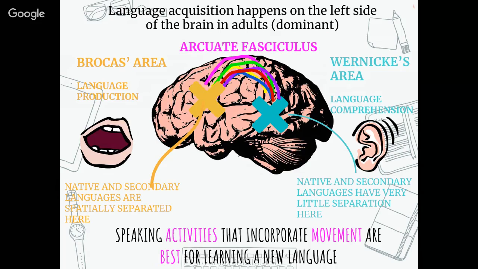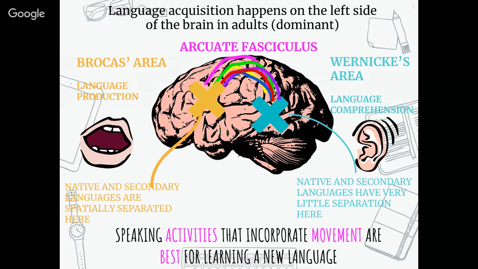When L1 and L2 are located in Broca's area, they realized that when people are adults and are learning a new language, there is a big separation between them in the language production area, located on the left of the screen. Then, when they compared language 1 and language 2 in Wernicke's area, they realized that there wasn't a separation between the native language and the new language.